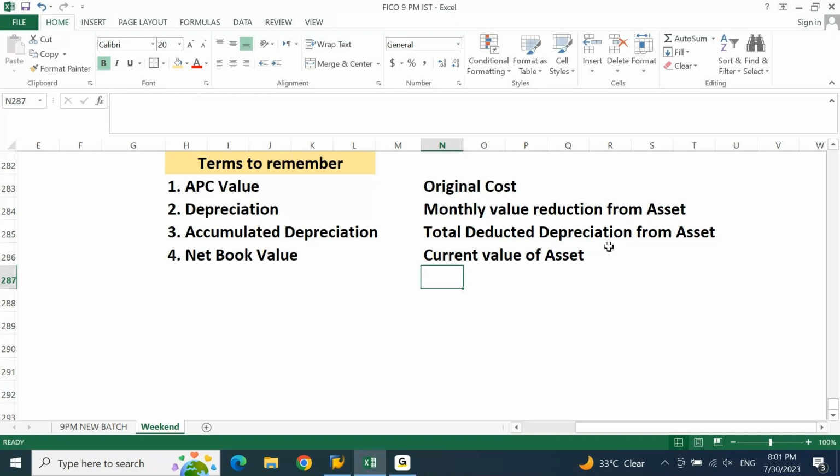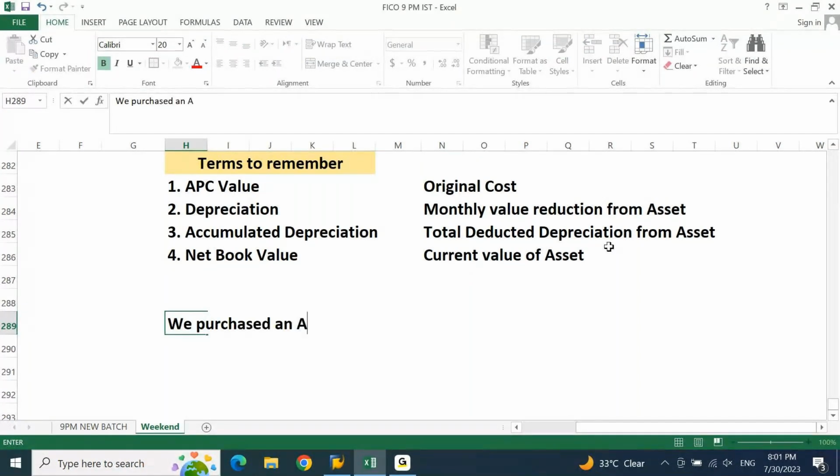Any questions, doubts on this? So what is the difference between depreciation and accumulated depreciation? Let's say I am using my asset from January 2023. We purchased an asset in January 2023, and now we are in which month?